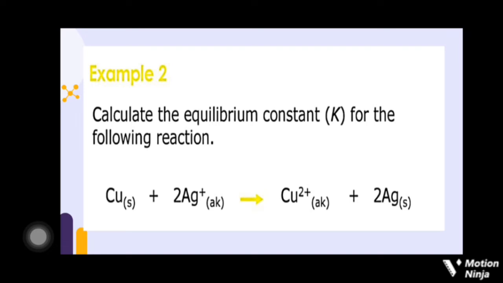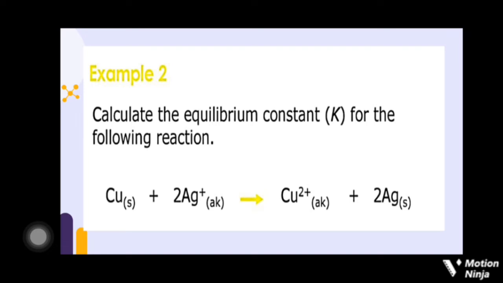After you have substituted the given numbers, you need to transfer the 0.0592 divided by N, the number of electrons involved in the reaction, together with the log of the constant K, to the left side.